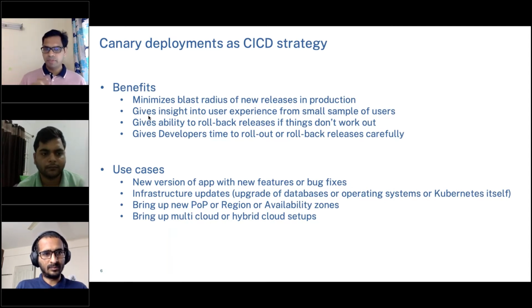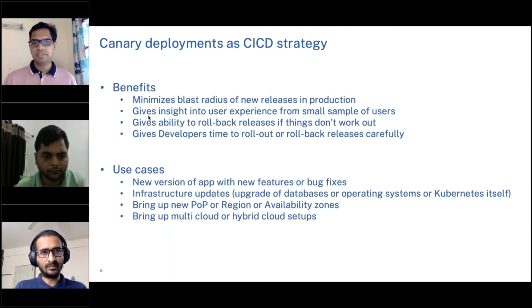Some of the exact use cases where you would use a Canary deployment are, let's say, if you want to launch a new app or a new version of an app, or you've done some bug fixes and you want to make sure that things are working fine on production. If you are upgrading your infrastructure, let's say upgrading databases or the Kubernetes version itself, then you can use Canary deployments.